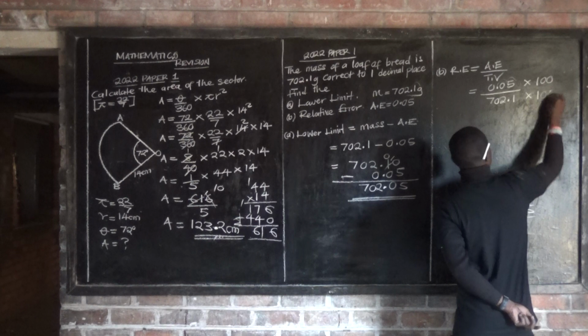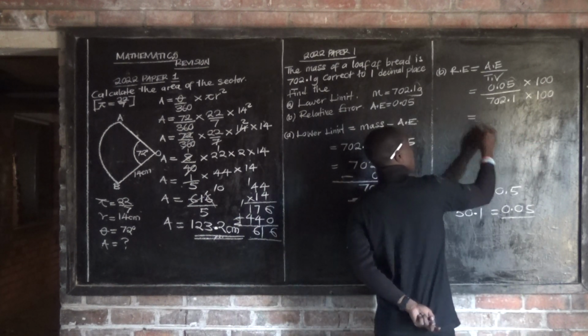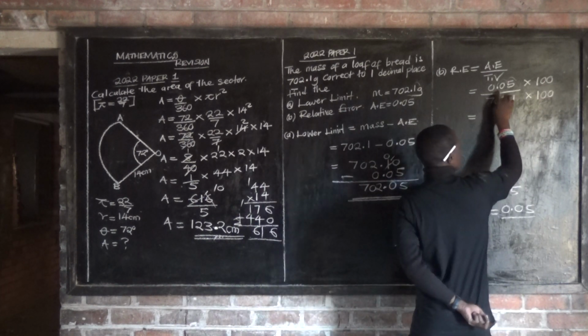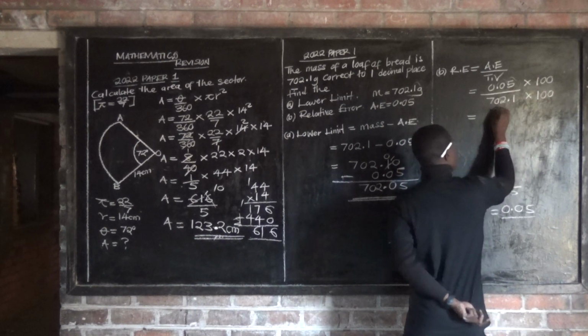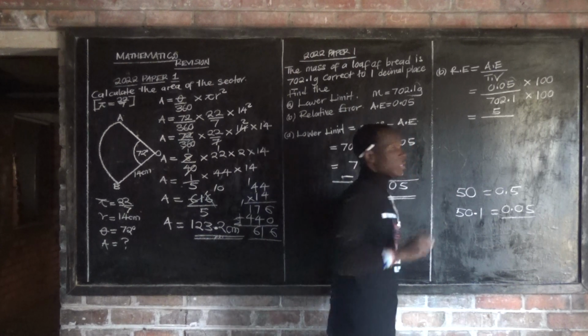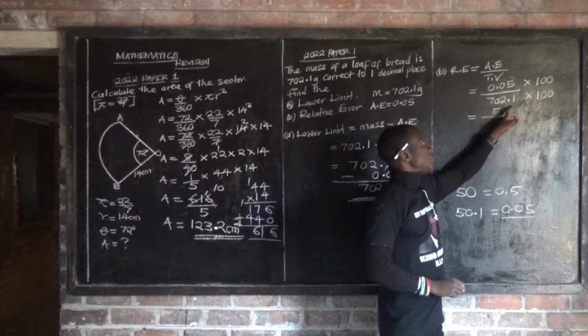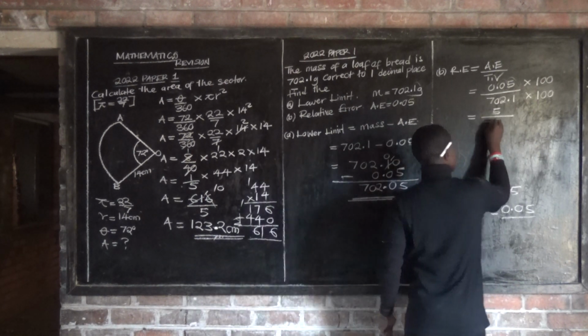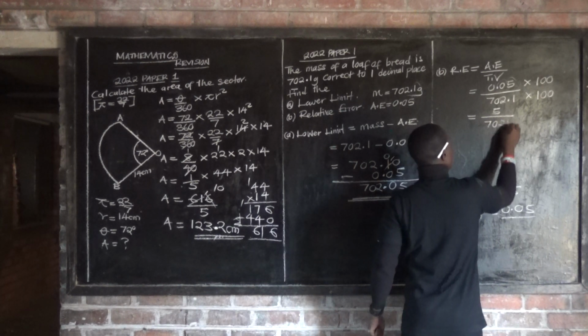Are we together like this? When you multiply, 0.05 times 100, you get 5, over 702.1 times 100, which is 70210.